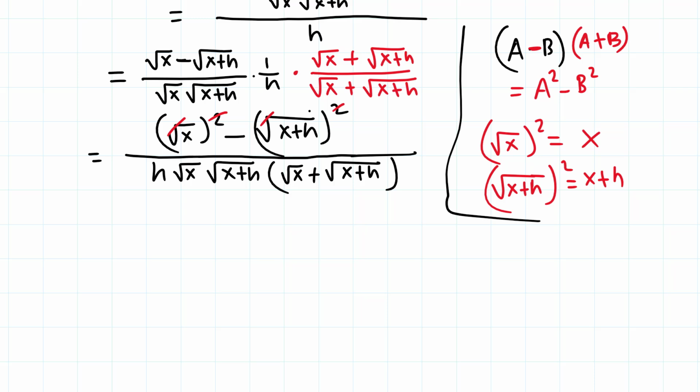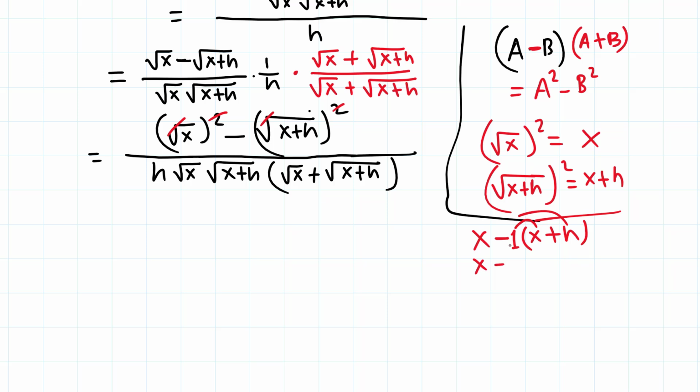We're assuming that. Then what is left on the top we can simplify: x minus x plus h. There are two terms now, since the square root is gone, so x plus h. Two terms means we must distribute this negative, negative 1.